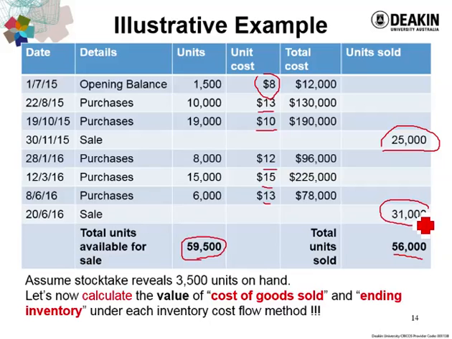And our stock take reveals that we have 3,500 units on hand, meaning we actually don't have any stock gain or stock loss. So in this example, we don't have stock gain or stock loss, because the stock take actually matches the recorded balance of inventory. So let's calculate the cost of goods sold and closing inventory under each method.